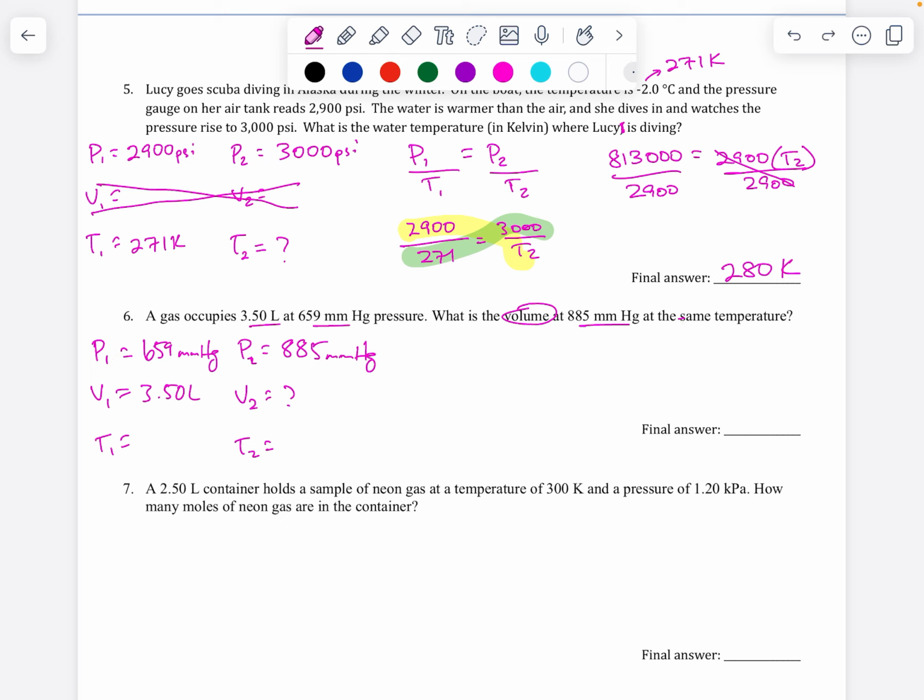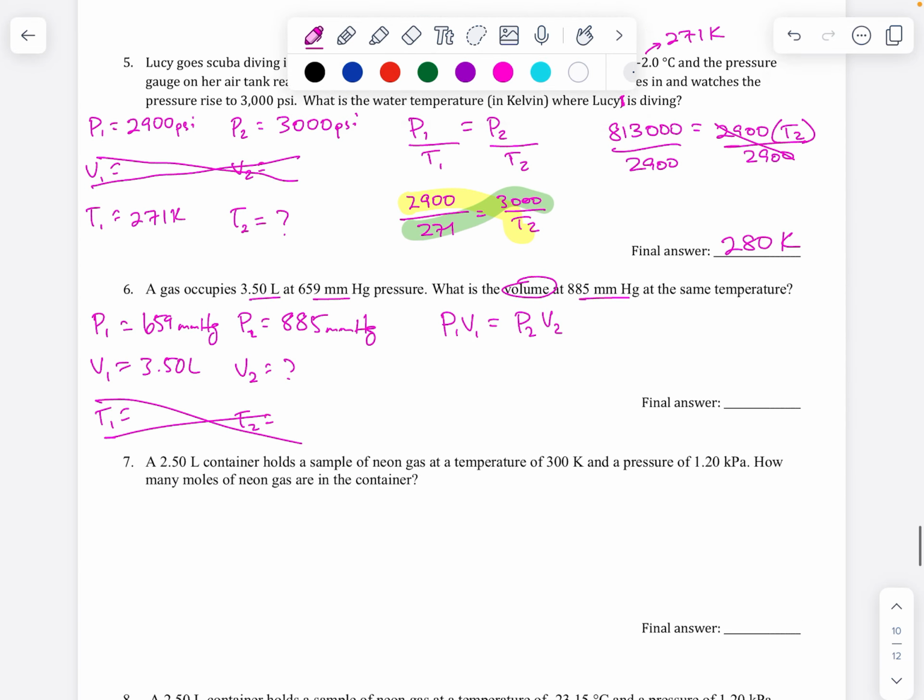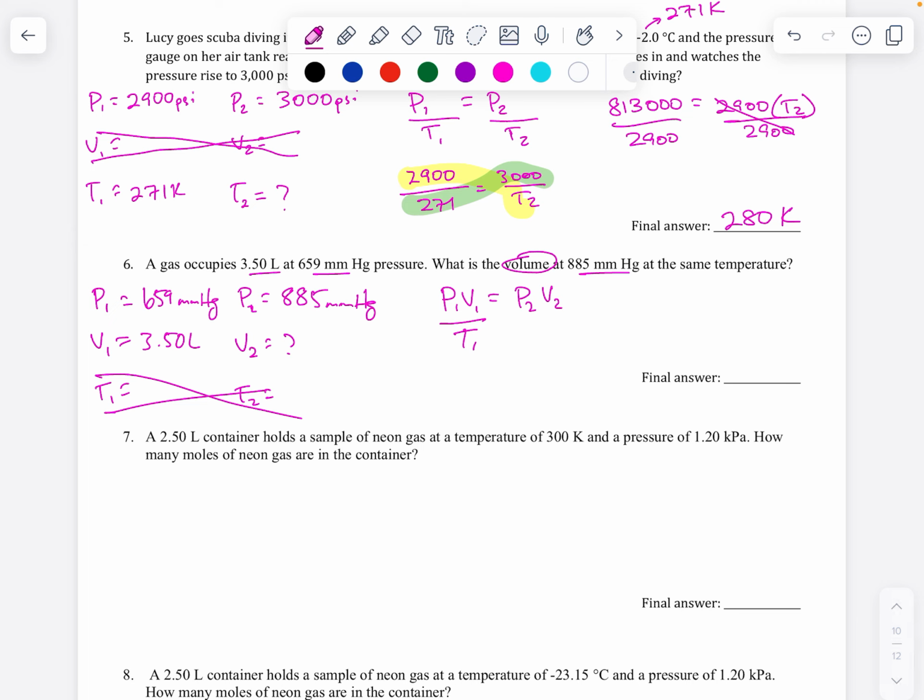So even if this part wasn't even there and we didn't see temperature, then we could just assume it's constant. But because they're telling us, we know for sure that we can get rid of it, which means that we end up with just Boyle's law. Let me double check that. Okay. Just Boyle's law, because the temperatures, as you can see here, when you get rid of them, we don't have a denominator anymore, which is nice. So we just plug those in.